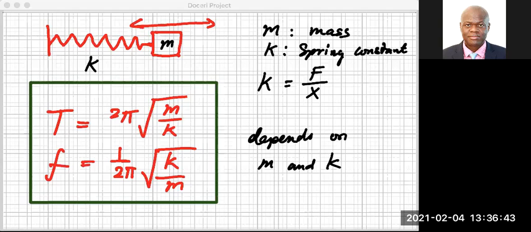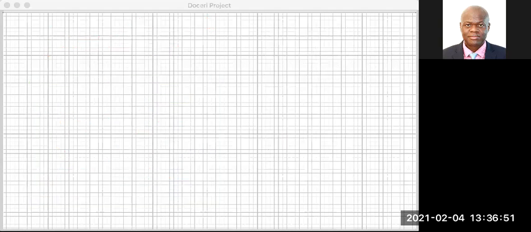Now, since we've started talking about the equations, let's look at the energy of a system undergoing simple harmonic motion. So the energy depends on the displacement, especially the potential energy. So at equilibrium, what will be the potential energy of a mass spring system?